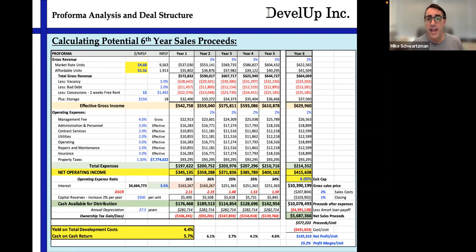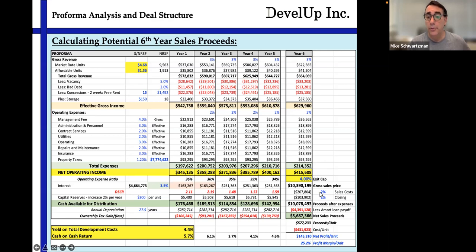So we then take, in the formulas we showed, $415,608 divided by a 4% cap rate, that gets us a gross sales proceeds of almost $10.4 million. The $7.8 million building we built and delivered, now 5 years later, presumed on the 6th year, is worth almost $10.4 million.